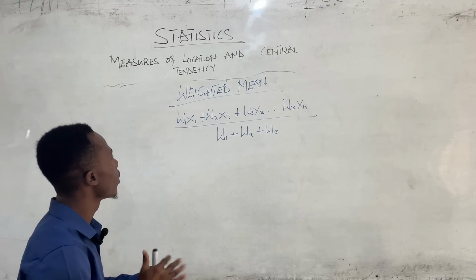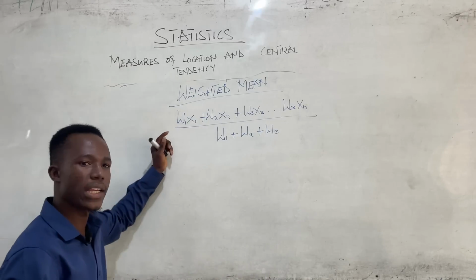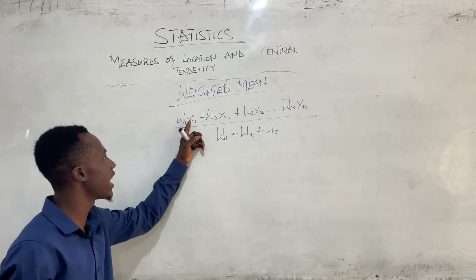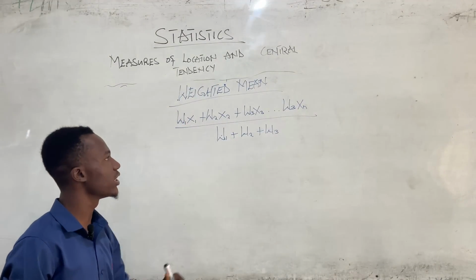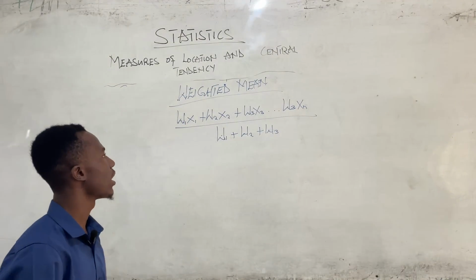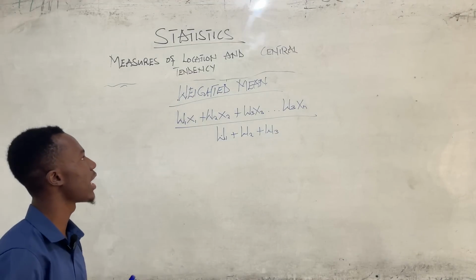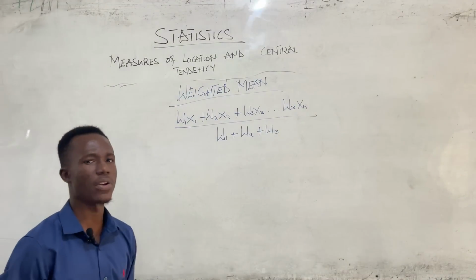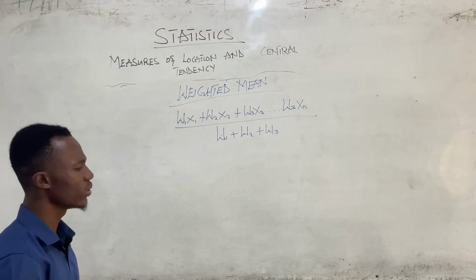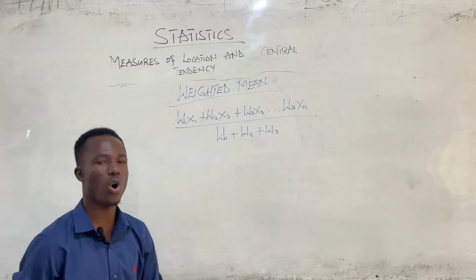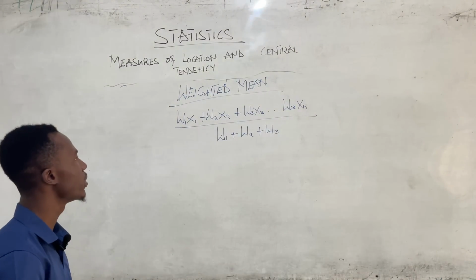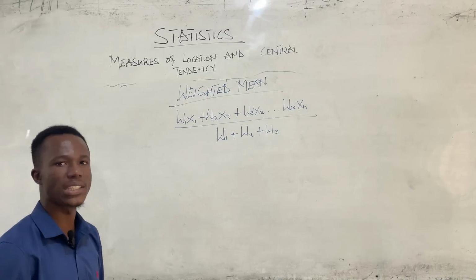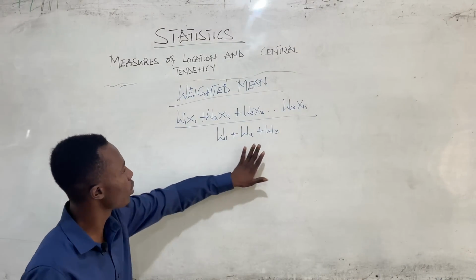So here, this W1 that you see is the weight, and this X that you see is the average. They'll give you the average salary in the question. Sometimes you see something like per hour, or the mean salary of these particular employees.